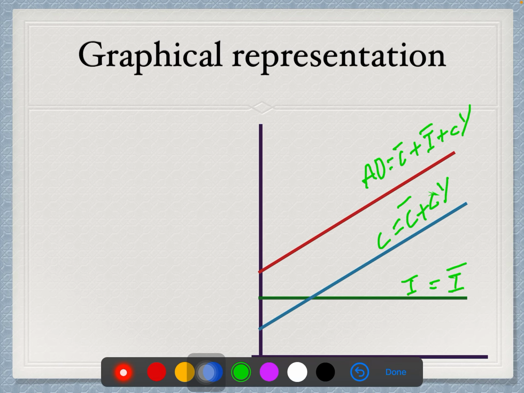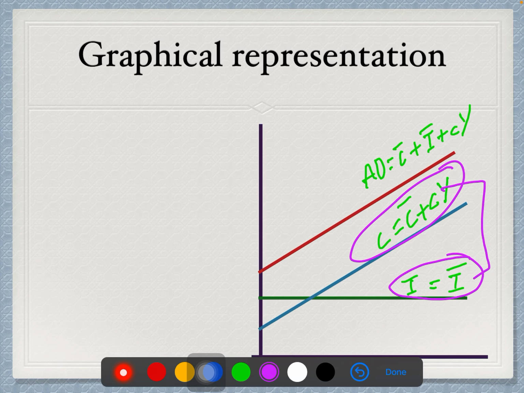In this one, you have to know that this is the investment function independently. We have read about it in the last video. And this is the consumption function individually. When you add up autonomous consumption and induced consumption, you're going to get this curve. By adding these two, you're going to get the aggregate demand.